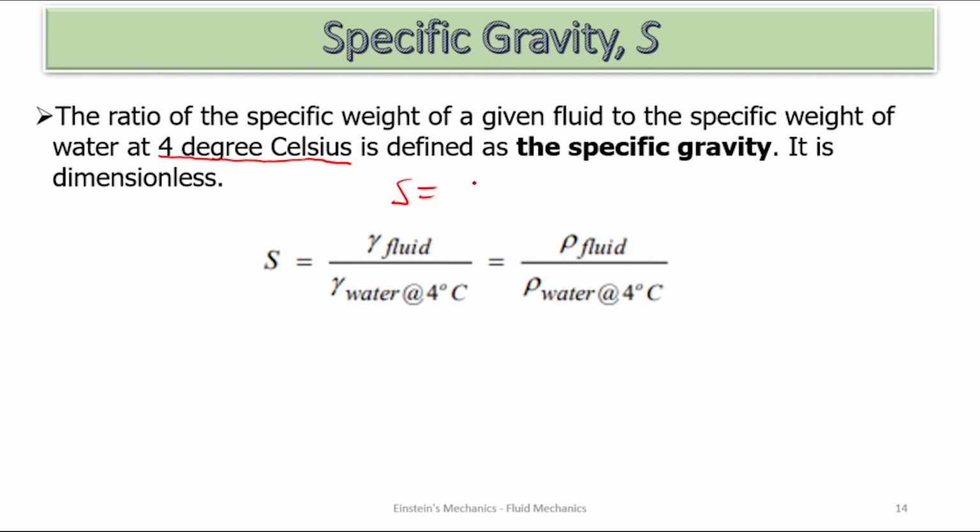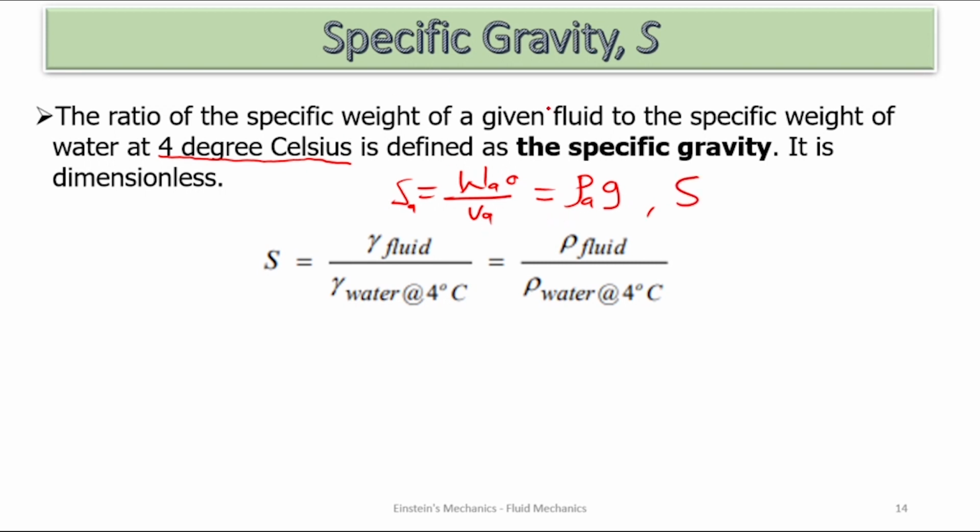So let's say the specific weight of A is the weight of A over the volume of A. Are we good? Which is the same as we saw, it is rho of A times gravity.